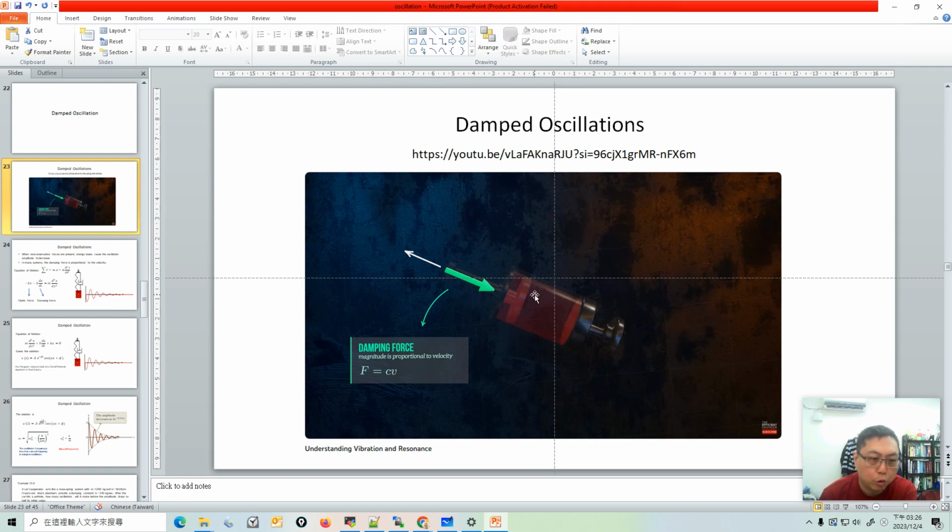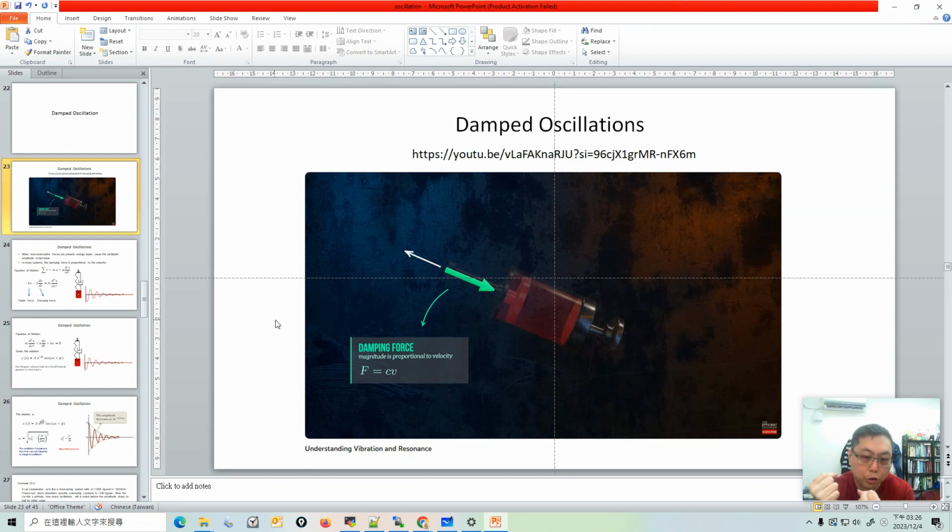Often the drag force or damping force is proportional to your velocity. For example, air resistance: your plane or jet flying in the air will feel air resistance, and in various situations the drag force from air resistance is proportional to the velocity.